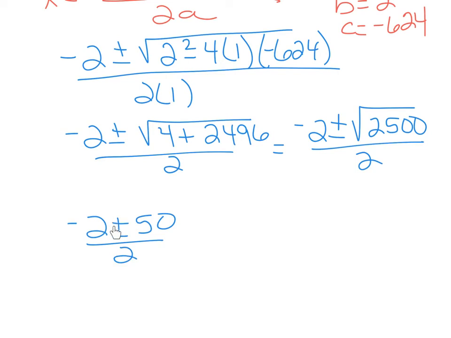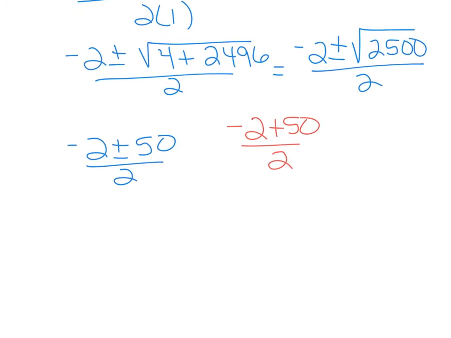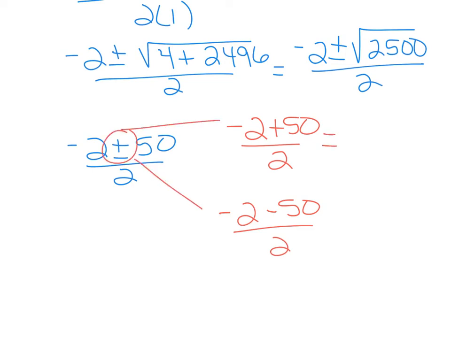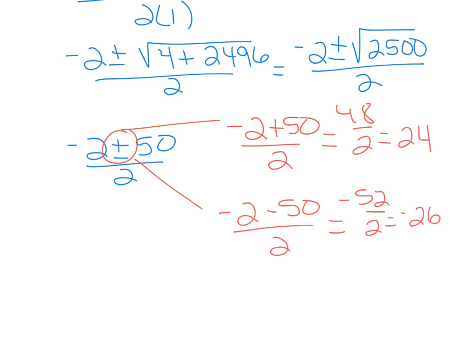And this is the point where we need to separate this plus minus. So we're going to end up with negative 2 plus 50 over 2 and negative 2 minus 50 over 2. That's what this plus minus gives you. So this is 48 over 2, or 24, and this is negative 52 over 2, negative 26.